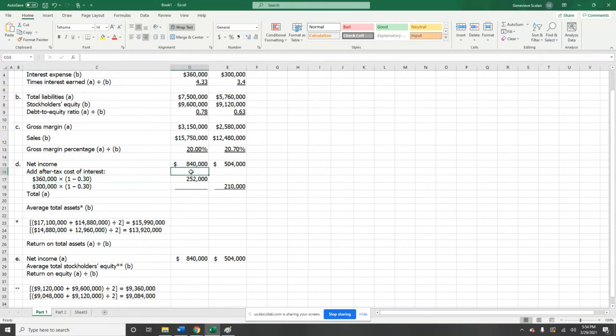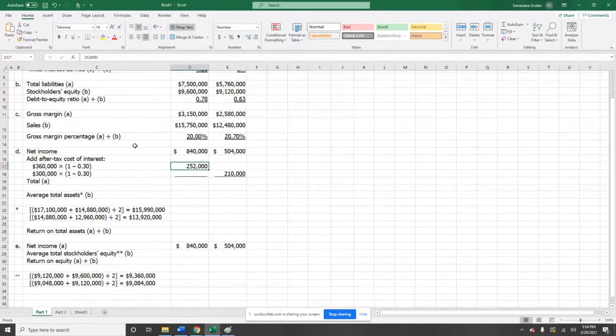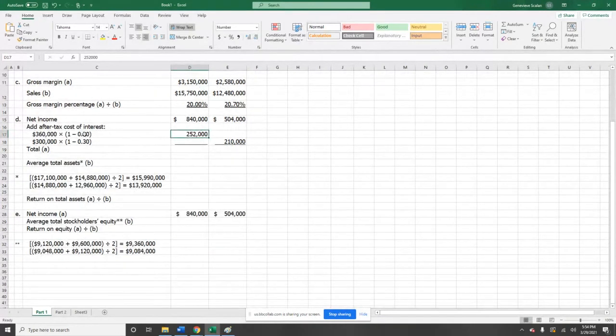And that is equal to 252,000. Oh, it's already in there. I'm sorry, it was already calculated. I thought I was calculating it for you. So 360 times 0.7 is equal to 252, and 300 times 0.7 is equal to 210.